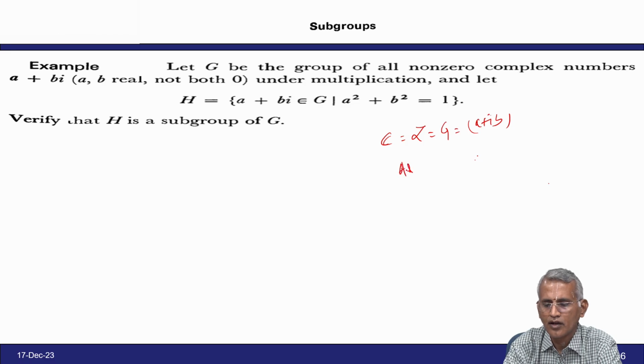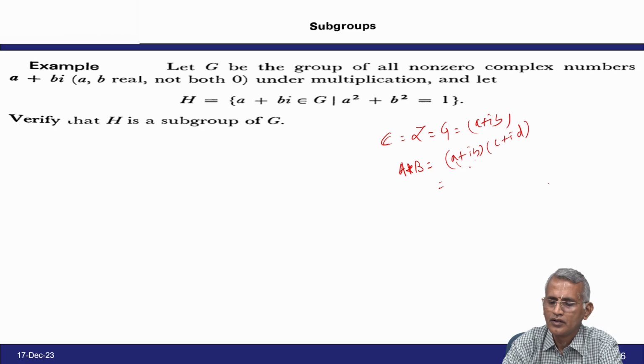That is a star of b, which is equal to (a plus ib) into (c plus id). What you have to do is multiply them: ac minus bd, plus i into (bc plus ad) will come.